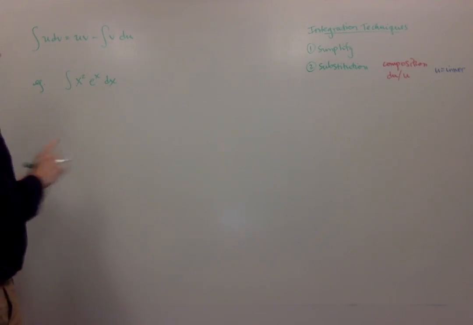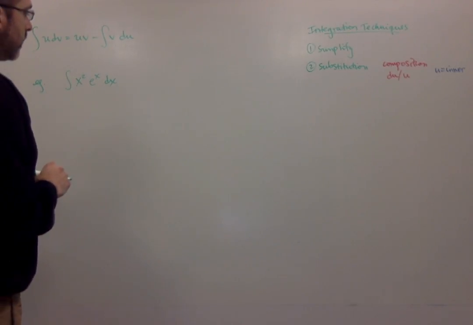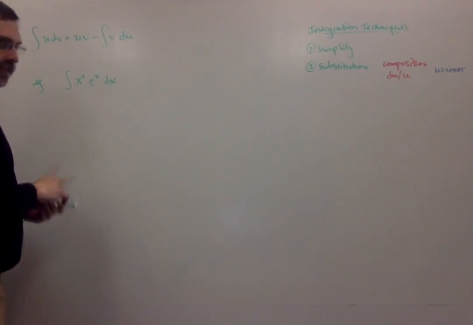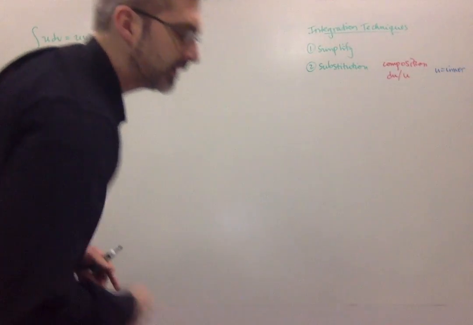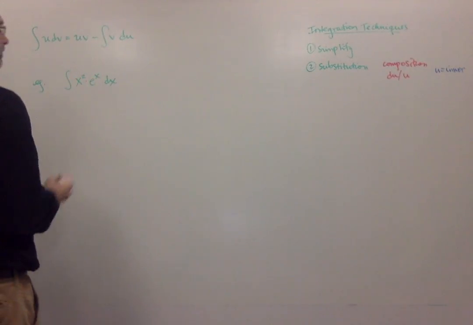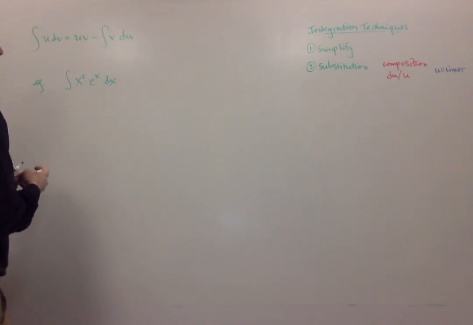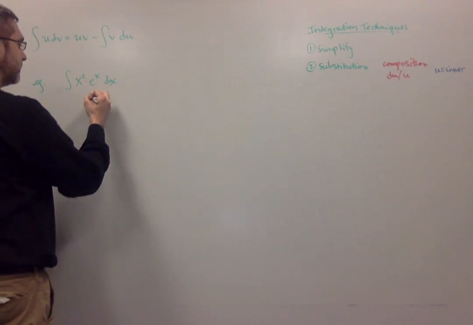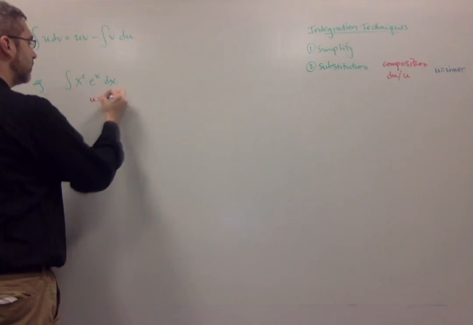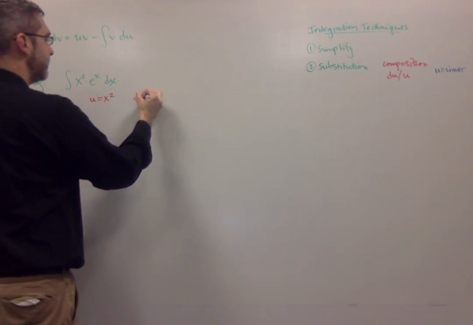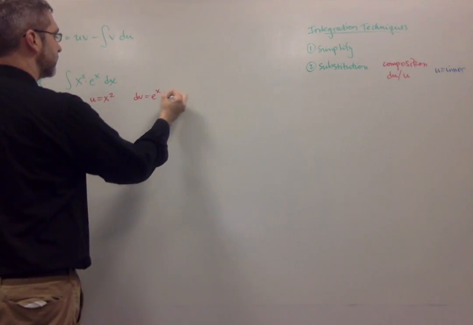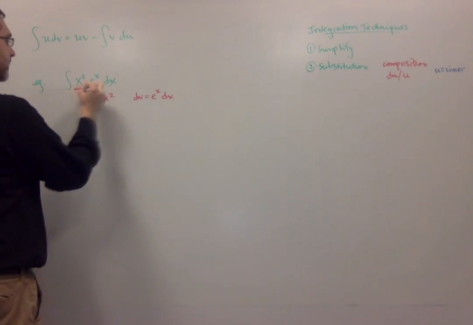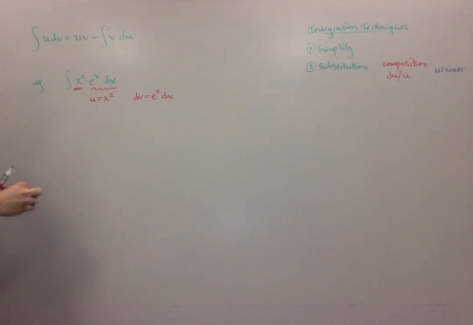Now for me, when I look at this, again, I see product. So product tells me integration by parts. Okay. And I'm going to let u equal x squared and dv equal the rest of it. Okay, so this is going to be my u, and then this is going to be my dv.